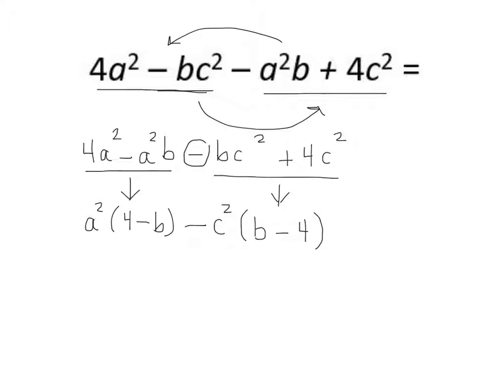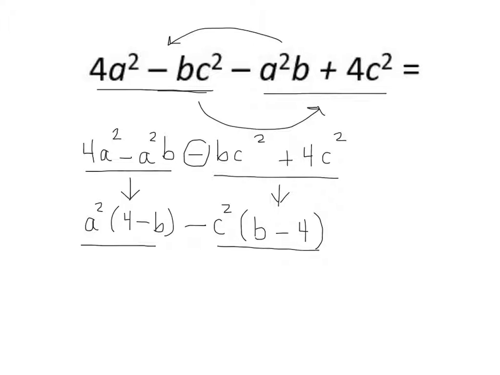Now, the problem, though, is that by bringing out that negative, I didn't end up with anything in common here and there. But notice in the parentheses what I have. They are just opposites of one another. So I said, if there's a negative in front of that second group, bring that negative out in front.